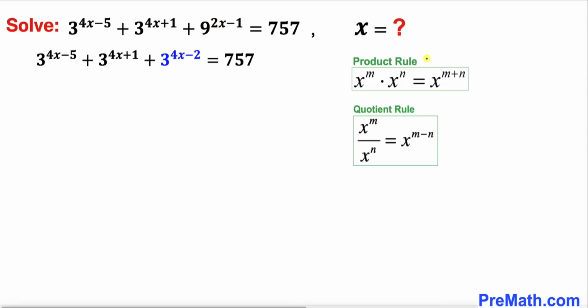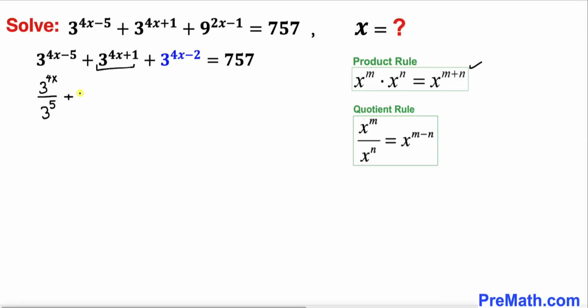And now let's recall these two rules, product rule and quotient rule. We are going to apply these rules to manipulate this equation. Let's focus on this very first term. We are going to use this quotient rule, so this could be written as 3 power 4x divided by 3 power 5, plus next one we are going to apply this product rule on this part.